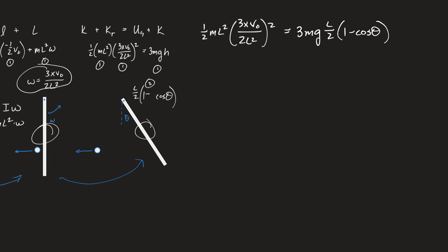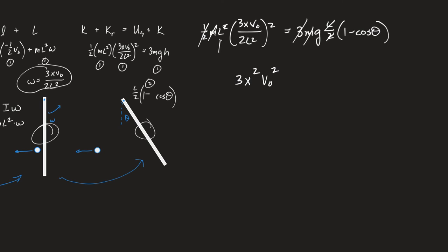I'm going to combine some things. First, I'm going to realize I can get rid of this 1/2 with the 2 over here, and I can get rid of one of the L's with this L here, and I can get rid of the M here with the M here. Getting rid of all of that right off the top. I have a 3 squared, and I have a 3 on this side, so 3. I have an x squared, a v0 squared.